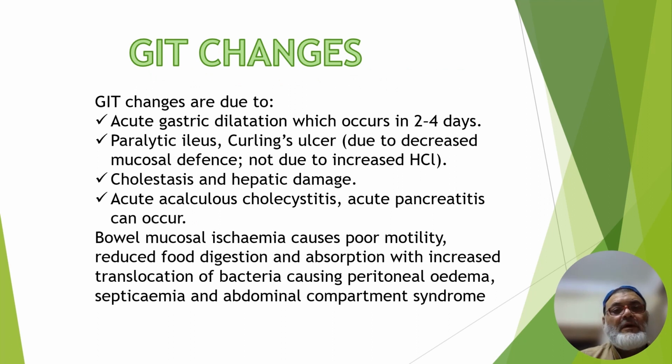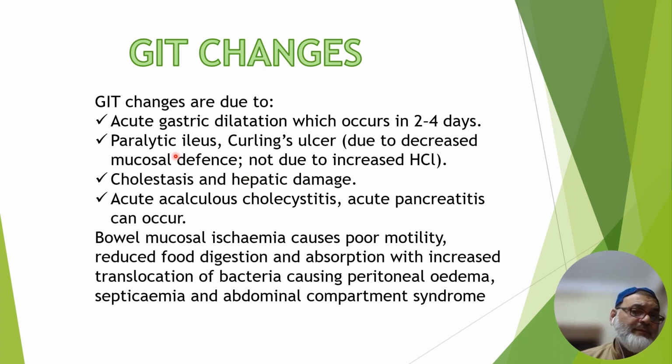The gastrointestinal changes are due to acute gastric dilatation which occurs in 2 to 4 days, paralytic ileus, and Curling ulcers due to decreased mucosal defense, not due to increased hydrochloric acid.